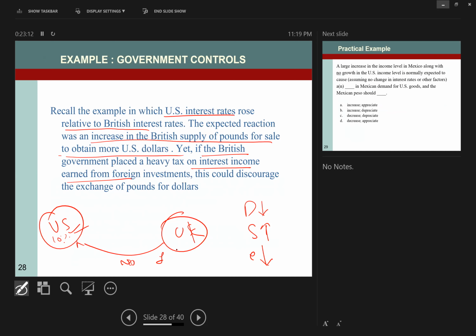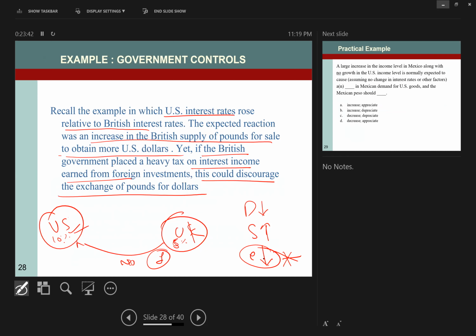Then people are discouraged from sending their pound into US. It means this could discourage the exchange of the pound for dollar. It means even if the interest rates between these two countries are different, in this case we don't see a decrease in foreign exchange, right?